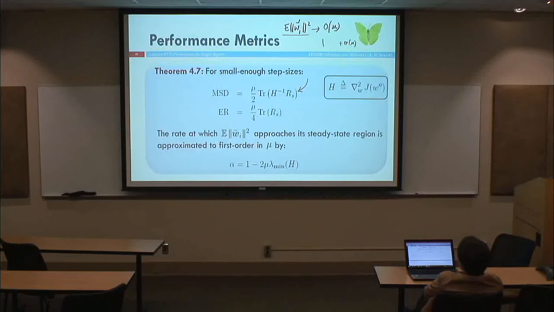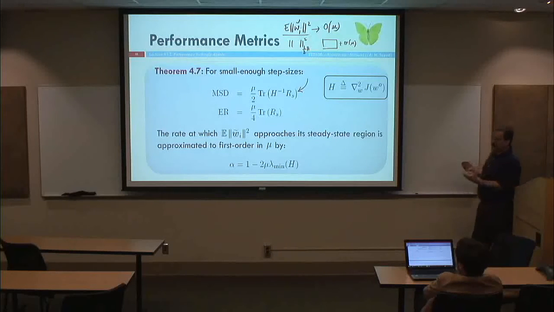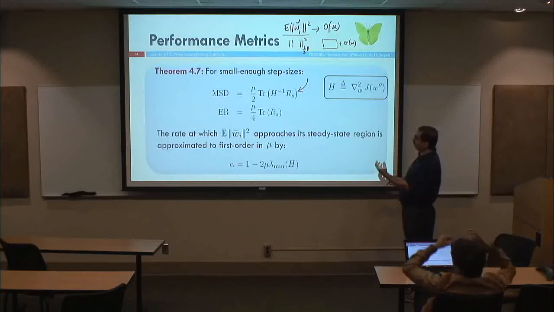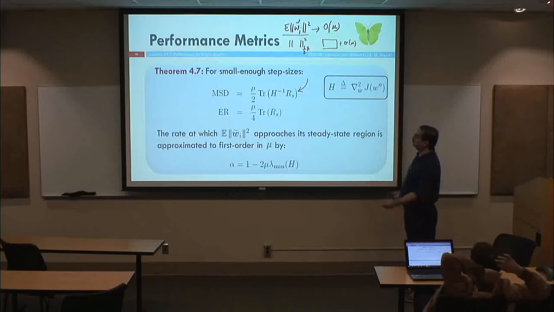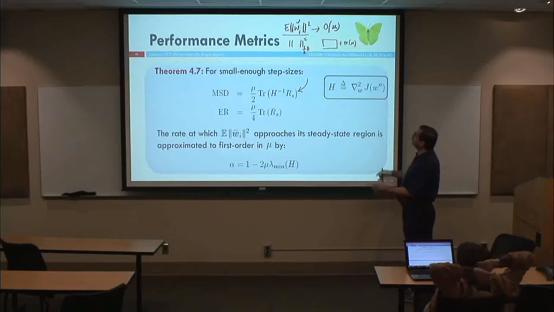So I'm telling you exactly what the first order term in mu is, both for the MSD and for the ER when the weight is 1/2 H. And because we are dealing with small step sizes, these are very good approximations. Actually, they are exact expressions for the first order terms, and they are very good approximations for what the actual MSD and ER is in steady state.